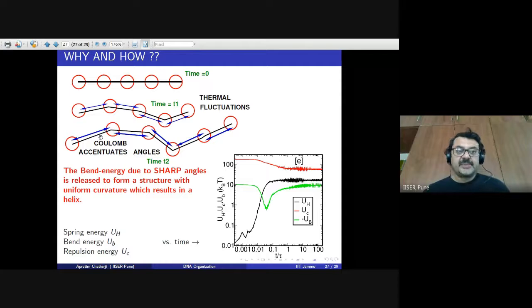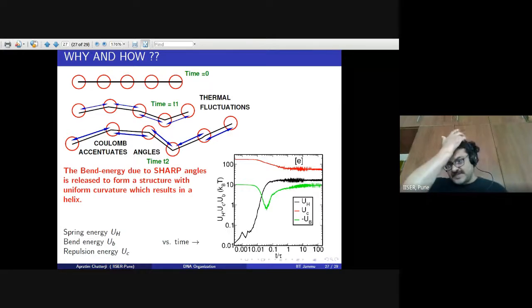As a consequence, very sharp kinks are formed. So basically, when you switch on Coulomb interactions, you have a polymer chain with extremely sharp kinks, very high bending energy, and this bending energy the polymer tries to lose or minimize thereafter by forming a helix. This is the basic mechanism.